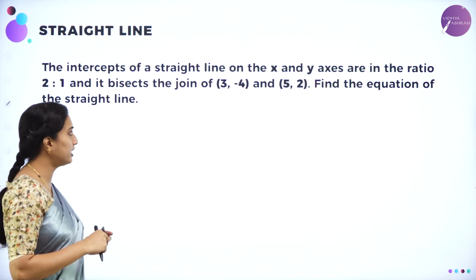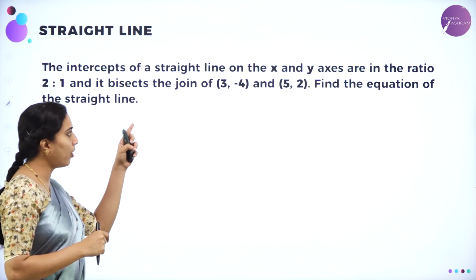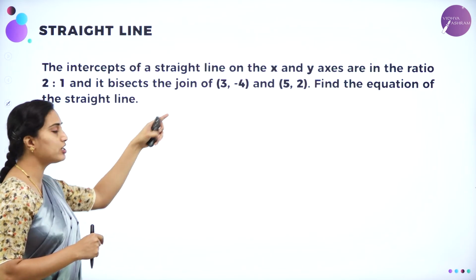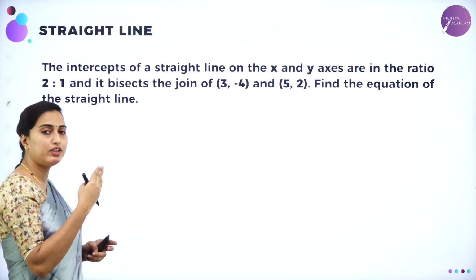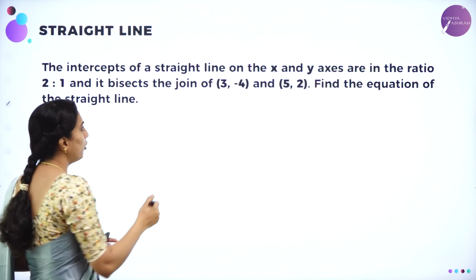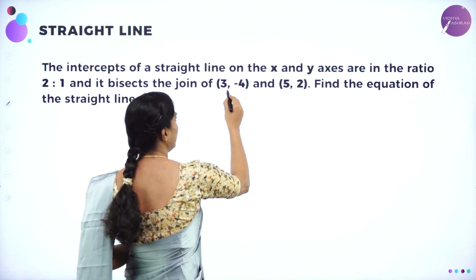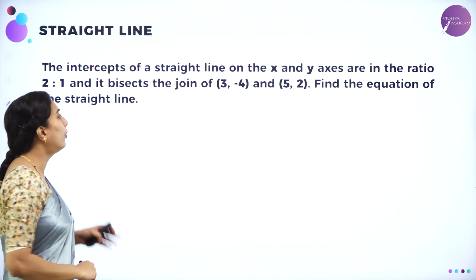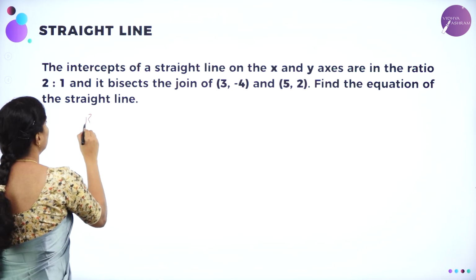And it bisects the line joining the points, which means you can use the midpoint form, isn't it? So the midpoint form is x1 plus x2 by 2, y1 plus y2 by 2.